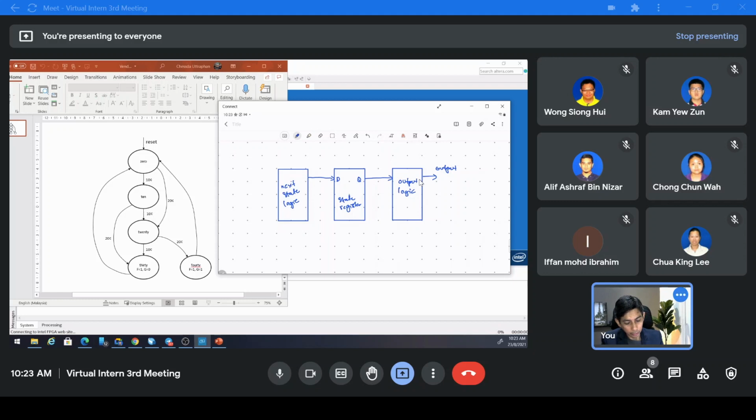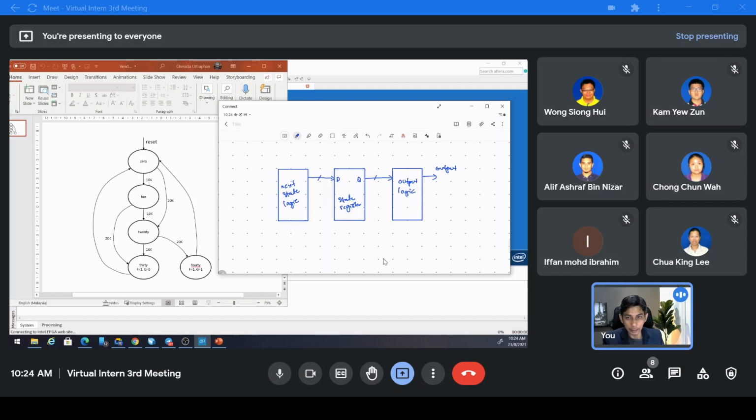And also here, the size of the register, whether it is 1 bit or 2 bit or 3 bit, depends on how many states that we have. So in this case, how many states do we have? 1, 2, 3, 4, 5. 5 states.